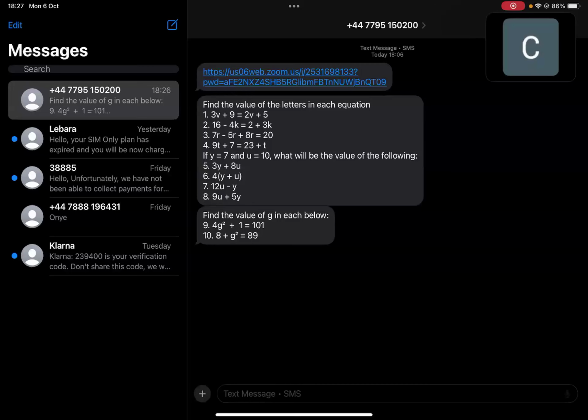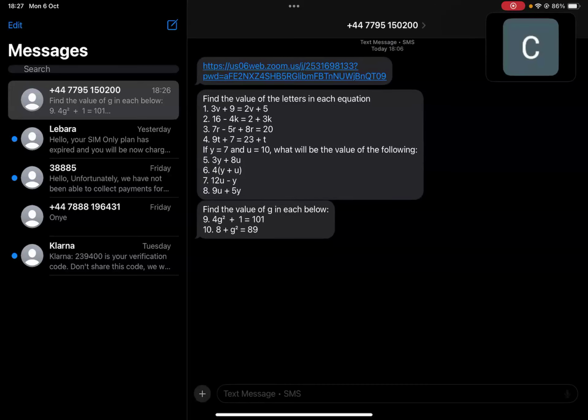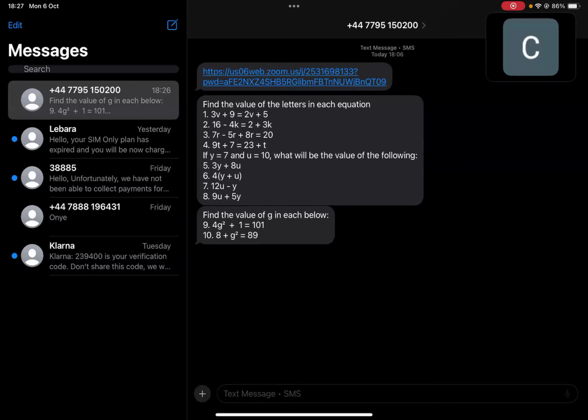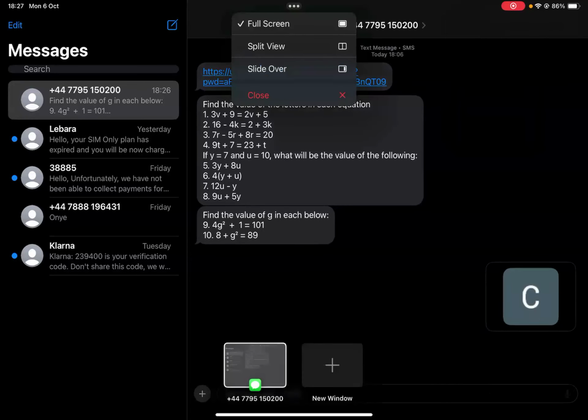Wait, how do you like... Is my screen sharing? Yes, I can see it now. How do you like, I draw on the screen? There's a tool. I don't know if you can see any like a pencil on your screen.